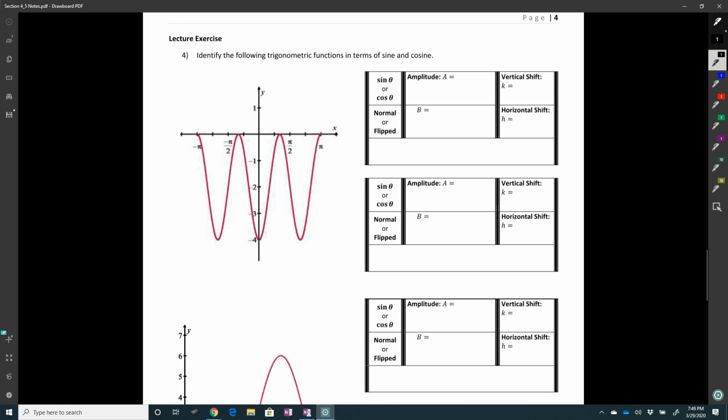Identify the following trig function. So if I want to start right at 0, which gives me the easiest possible trig function, then I have this shape. And notice this shape is an upside down cosine. Okay. The amplitude, a little different.